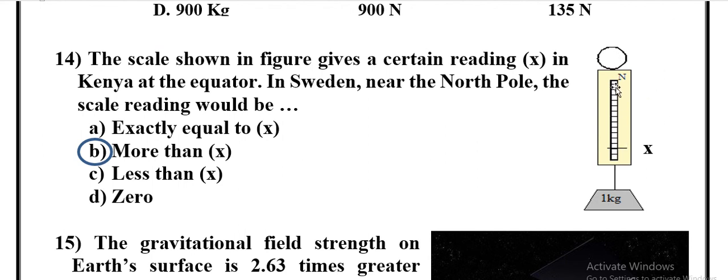What will happen to the weight when it is moving to the North Pole? When moving to the North Pole, the radius will decrease, so the gravitational field strength will increase and the weight will increase. So the reading will be more than X.